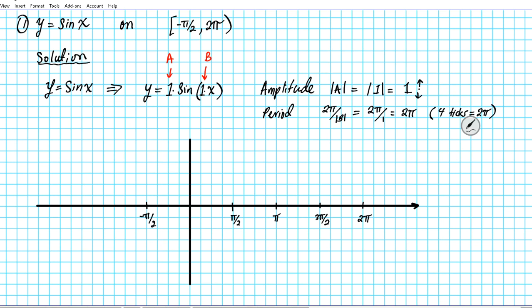Alright, so now if you take a look at this interval right here, it can also be written using inequality notation. It can be written as negative pi over 2 is less than or equal to x, and then x is less than 2 pi. This bracket basically means that this endpoint is included. The parenthesis means that this endpoint is not included.